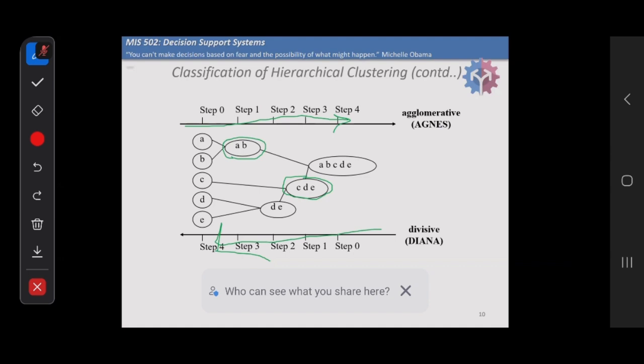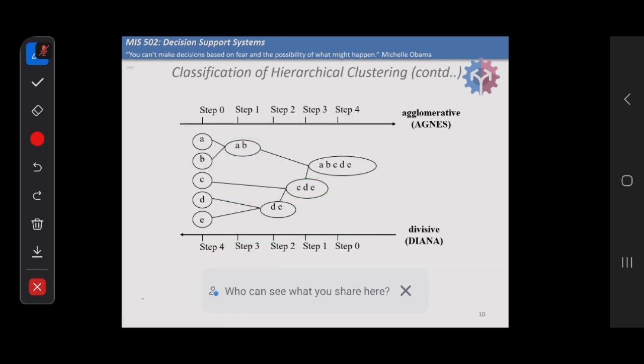So A, B, C, D, E is divided into A, B and C, D, E. Then C, D, E is divided into D, E and C. A, B is divided into A and B. And then D, E is divided into D and E. But normally people do not use the divisive method. You only need to know agglomerative for the sake of the course, but I'm just explaining what the divisive method is.